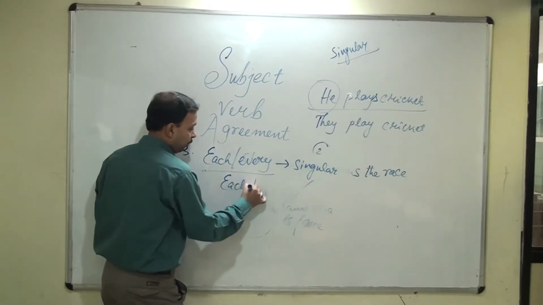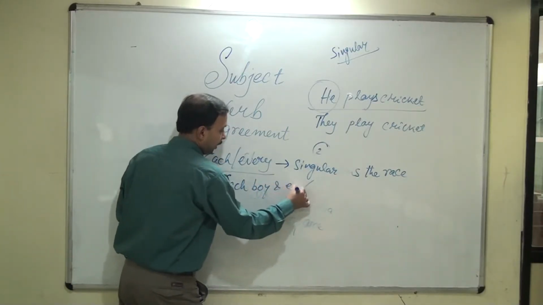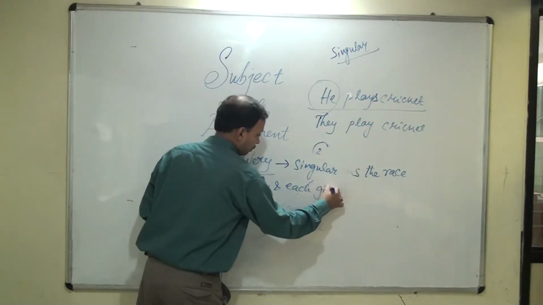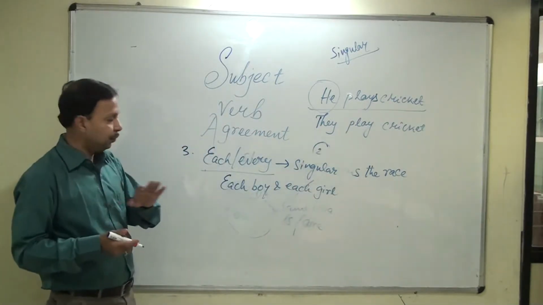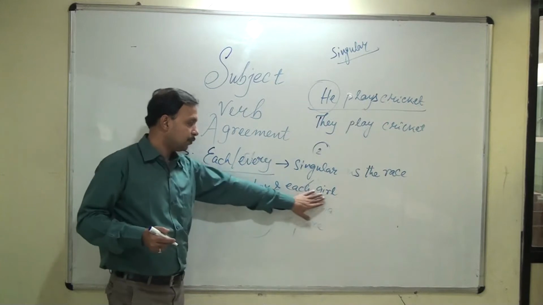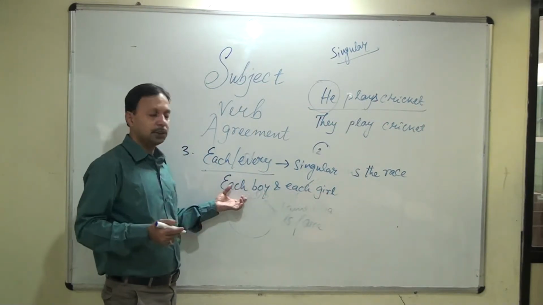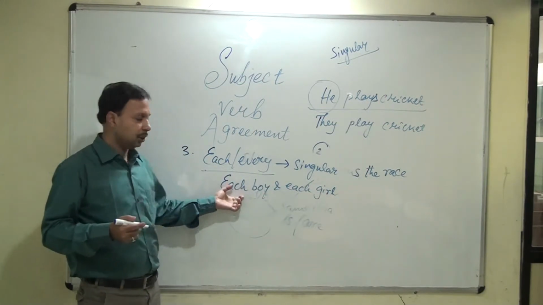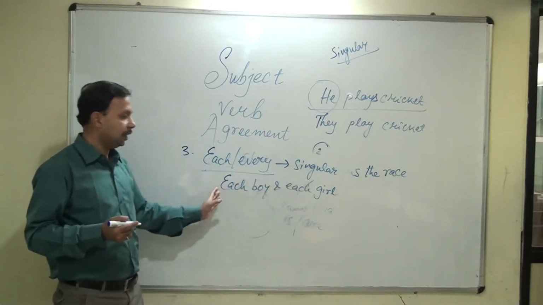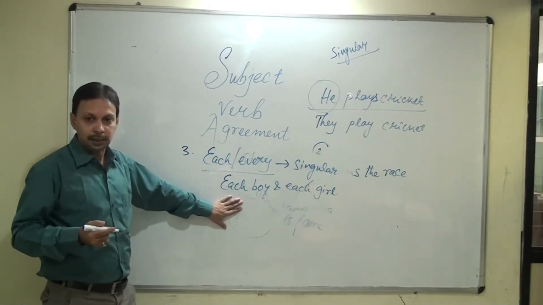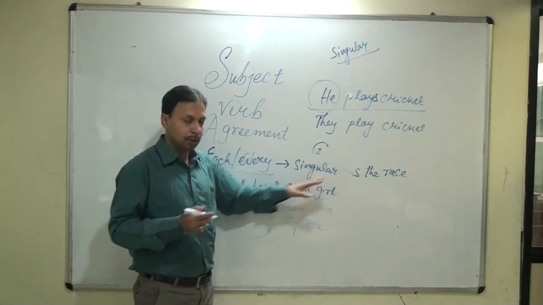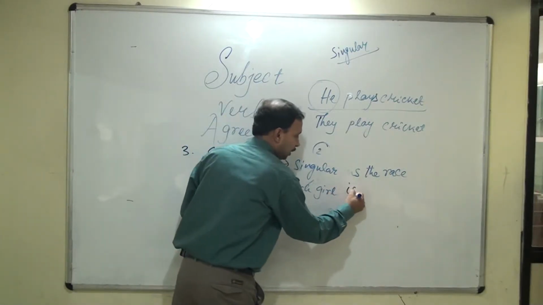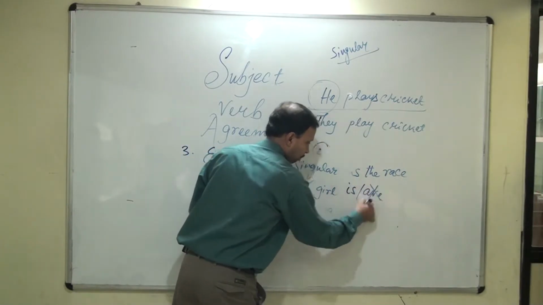For example, each boy and each girl. Now you cannot be confused that boy is there as well as girl. But my dear students, you have to take into consideration that both the words are preceded by a word and that is each. Now each always denotes singular. After that you are supposed to write is in place of are.